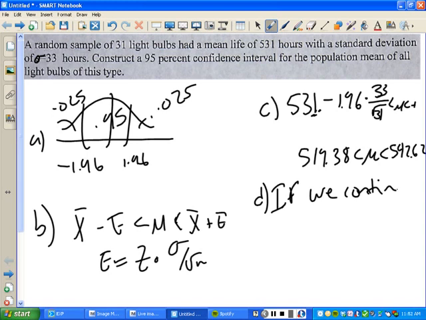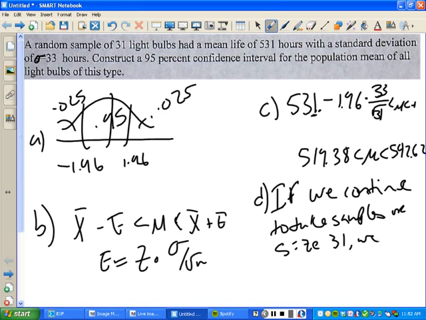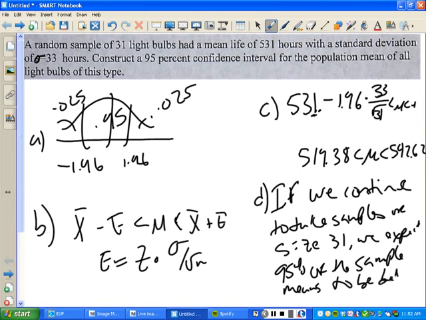If we continue to take samples of size 31, we expect 95% of the sample means to be between 519.38 and 542.62.